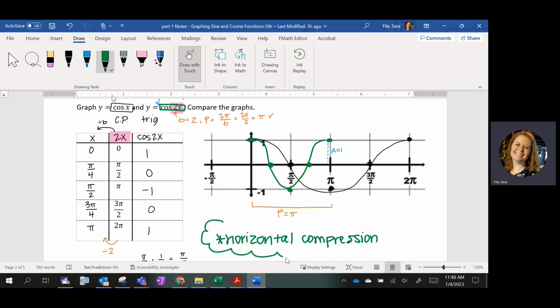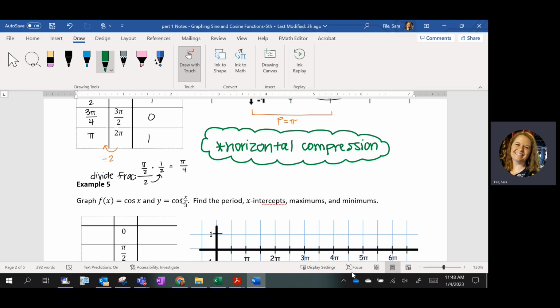So when your B value is greater than 1, you are going to horizontally compress your graph. What do you think is going to happen in this next one when the B value is less than 1? It's 1/3. It's going to horizontally stretch it. Very good. And we'll pick up there tomorrow.